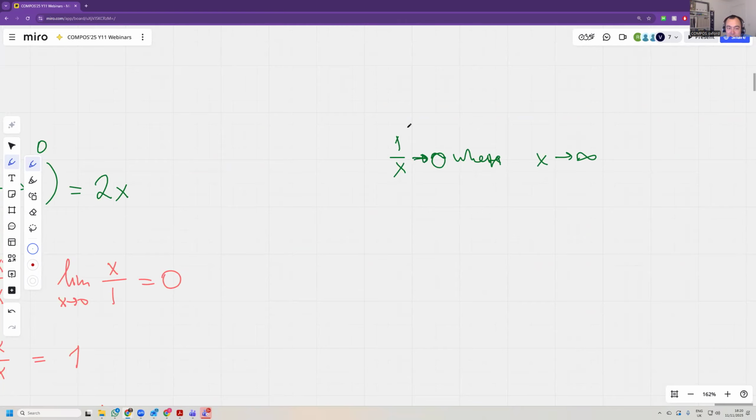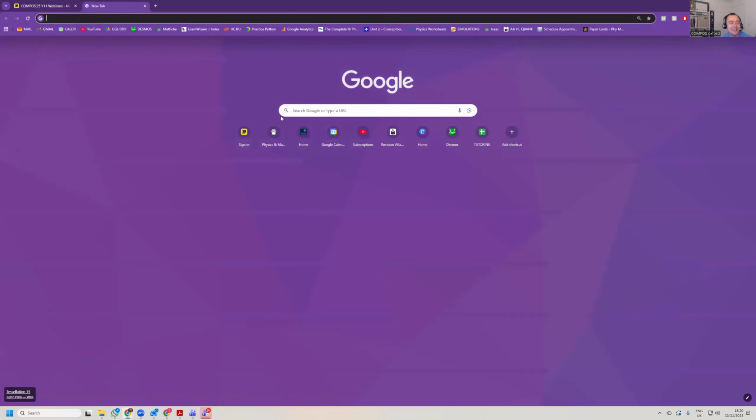Can you say that this thing is exactly 0? Well, no, it can't, because 1 over x is never actually 0. But it tends to 0. It becomes really, really, really close to 0, which is not the same as 0. I don't know if that makes sense to you.